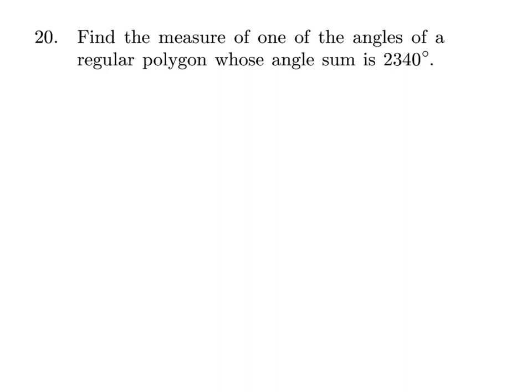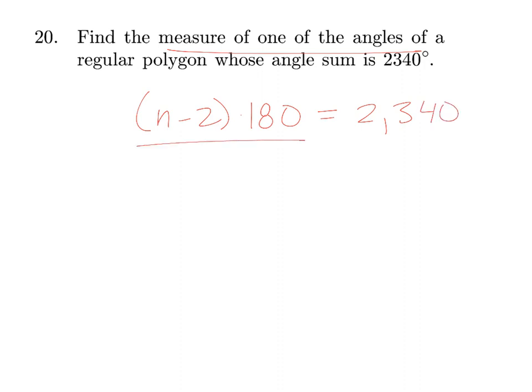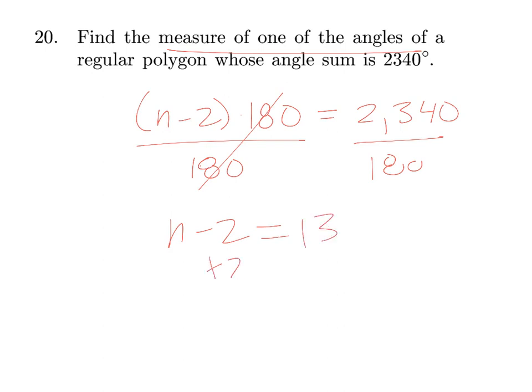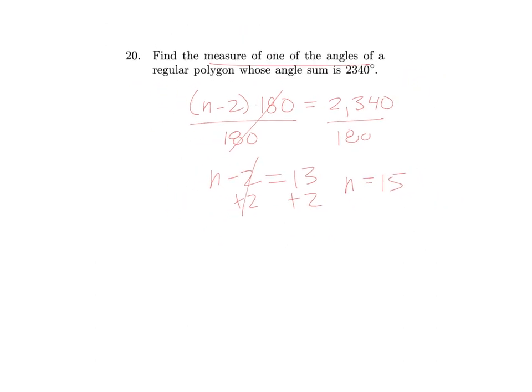All right, find the measure of one of the angles of a regular polygon whose angle sum is 2,340 degrees. All right, so this is the formula for all of the angles. Now I'm going to figure out how many sides it has. So I'm going to divide by 180, and I get n minus 2 is equal to 13. Then I'll add 2, and I get n is equal to 15. Now I want to figure out the measure of each angle.